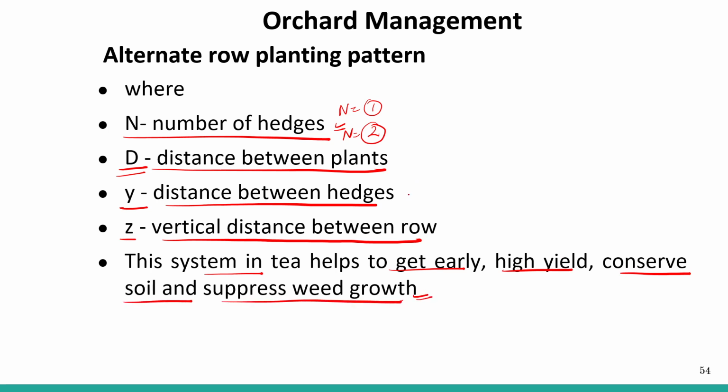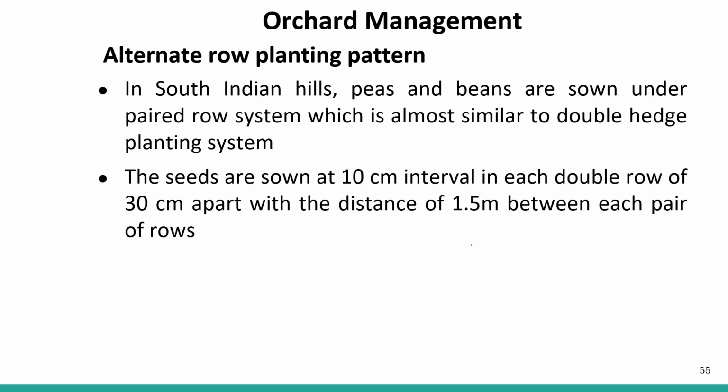So this is one of the ways to maintain the distance, and we can have a proper planting pattern on terrace farming. This system in tea helps to get early high yield, conserve the soil and also suppress weed growth. In South Indian hills, peas and beans are sown under the paired row system.